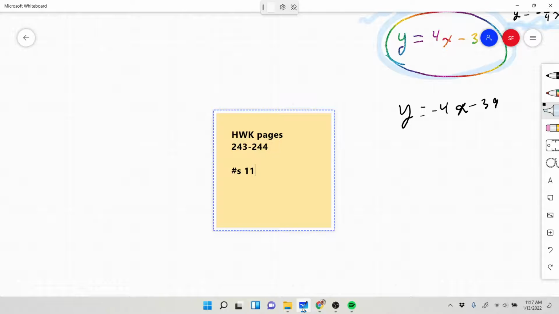I already did through 15 and like 17. 47 odds, 11 through 47. I think it's about time that y'all do some hard problems.